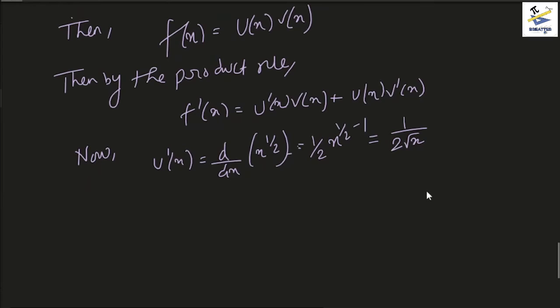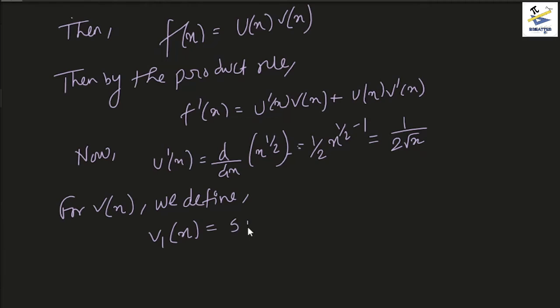But for v of x, since it's a composition of two functions, what we define is as follows. We define v1 of x equals sin x, v2 of x equals root x, right?